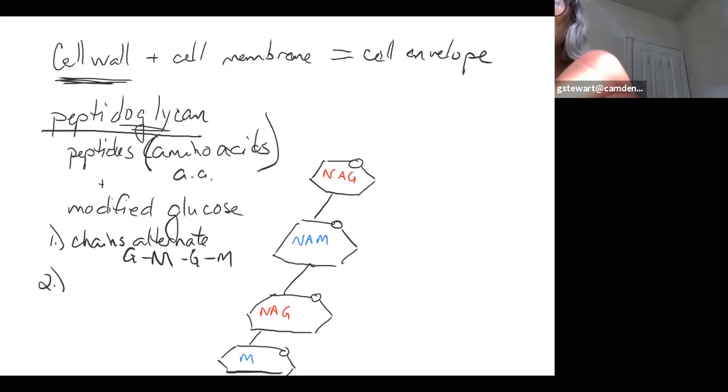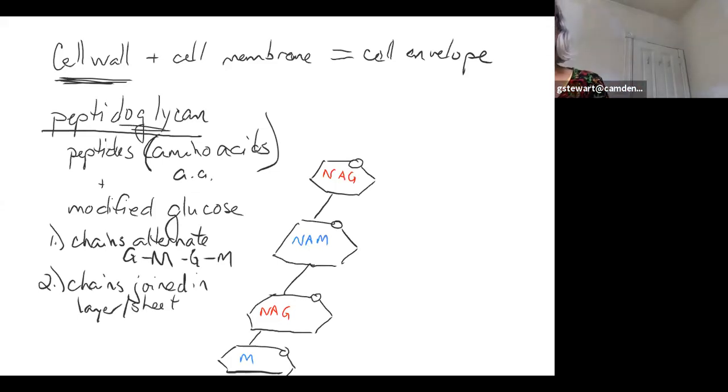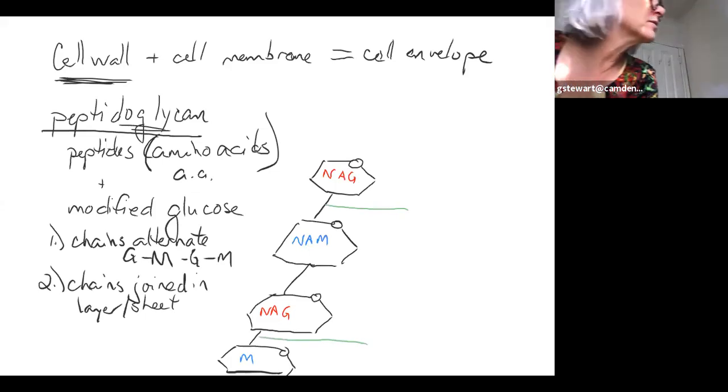Then the chains are joined together in a layer or a sheet. Like this. I'll use a green, not between each of them, but every so often they're joined to another chain. So I'll draw this one over here.